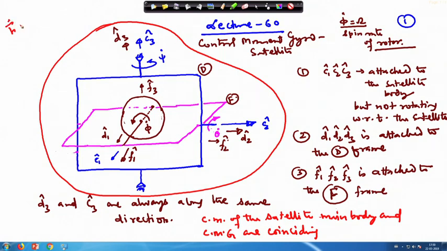whenever we are differentiating this, we have got the term in the equation for the external moment, dH by dt with respect to the E frame, plus V0 cross P, where P is the total linear momentum of the whole body.